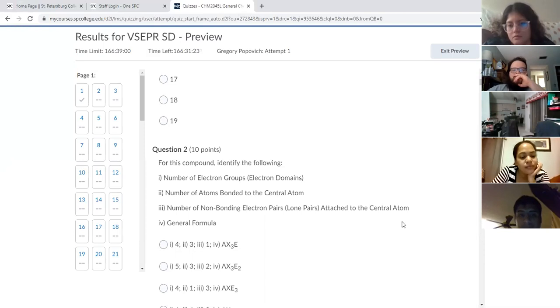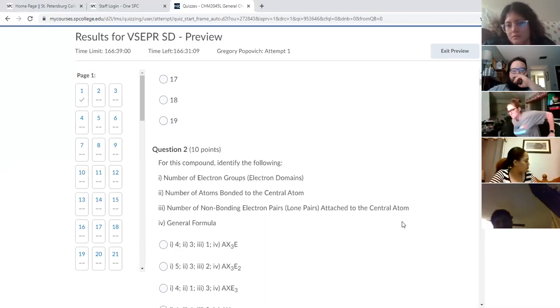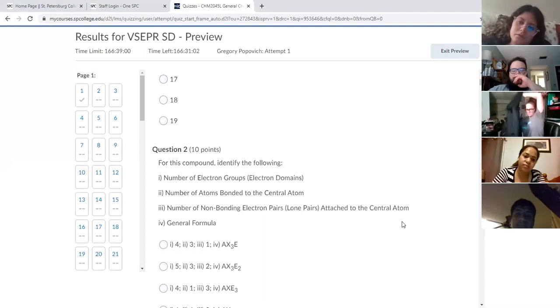Yes. If I ask you, what is the geometry about this molecule? I could not answer that because the geometry here is different from the geometry here. This has 4 clouds around it. This one is tetrahedron. This one has 1, 2, 3 clouds around it.